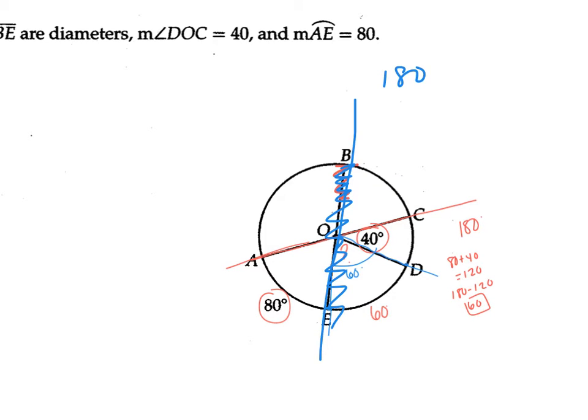So right now, also just giving you a heads up, arc CD is 40 degrees because the central angle is 40. So 60 plus 40 is 100. 180 minus 100 is 80. So I now know that the measure of arc BC is 80, which means that the measure of angle BOC is 80 degrees as well.